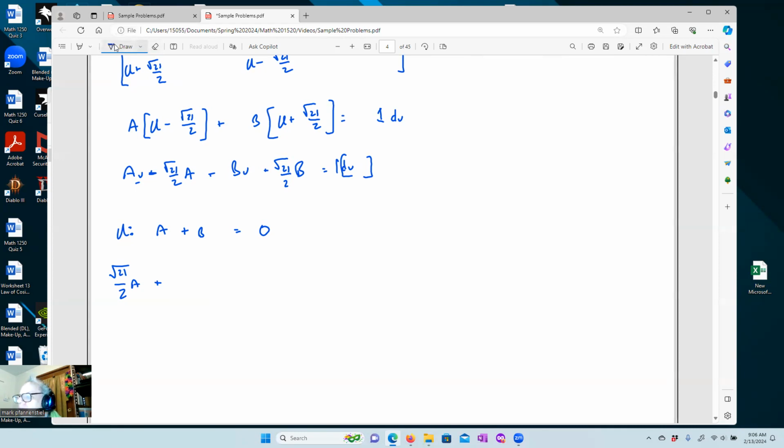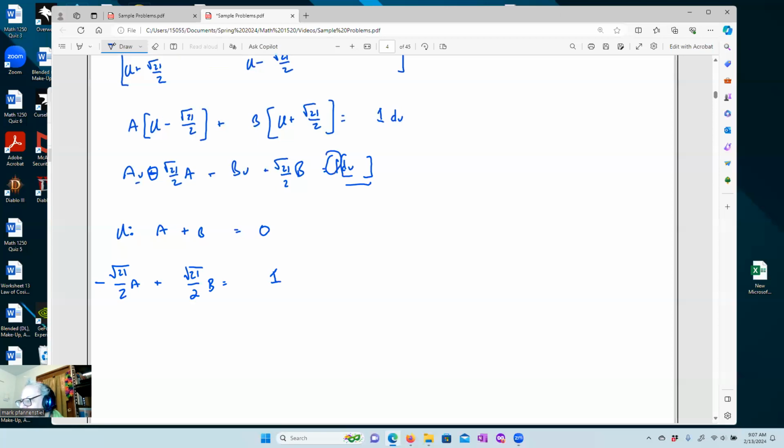So we have a negative right here, that's this minus right here. Plus the square root of 21 over 2 B, and this is going to equal 1, because we only have one constant term over here. The du we push off to the side because we don't have d's anywhere in this. So push this guy off to the side.